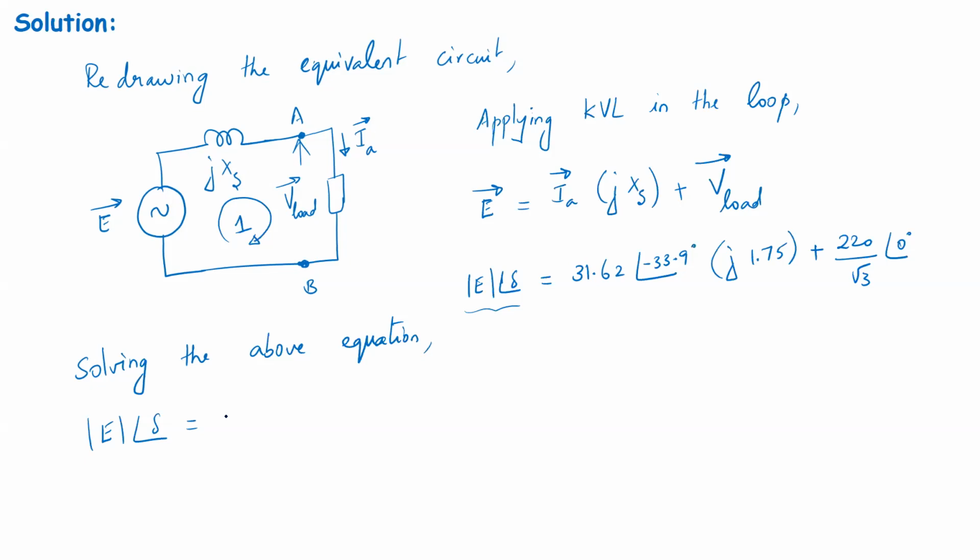I'm getting a per phase excitation EMF as 164.425 at an angle of 16.22 degrees. This is the excitation EMF, the unit of which is volts, and this will be per phase.